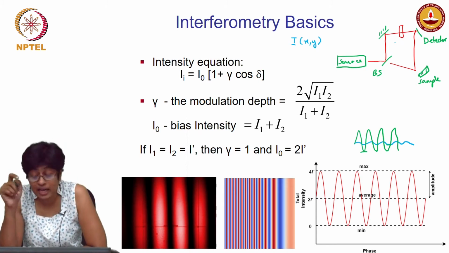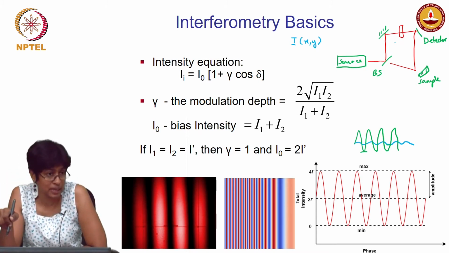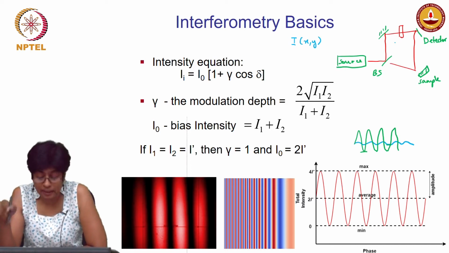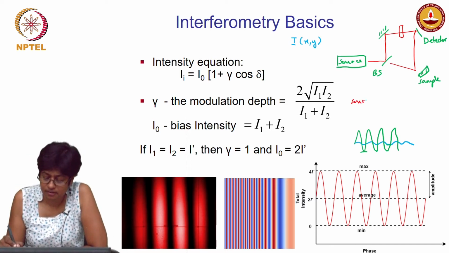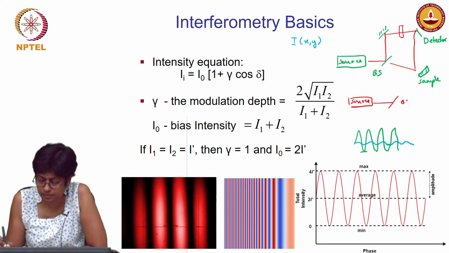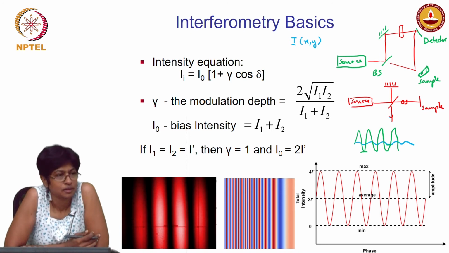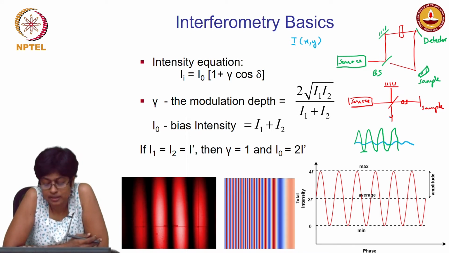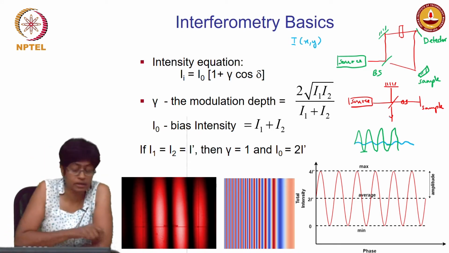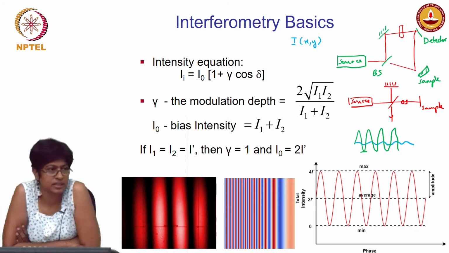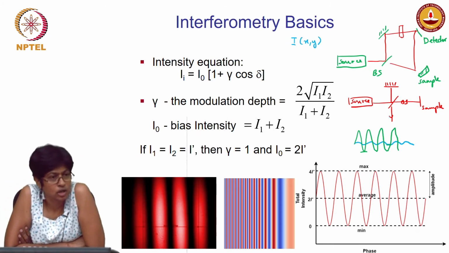There is a reason I did not draw the Michelson. What is the difference in the Michelson? You have the beam splitter, and then you would have your sample here, mirror here, and then they come back. Why didn't I draw the Michelson? Why is changing the beam splitting ratio in the Michelson not really going to serve your purpose?